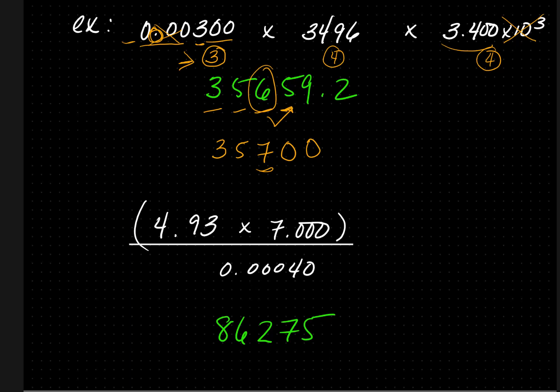Step 2, you're going to go back to the original problem and count the number of sig figs in each of the numbers. 4.93 has 3 significant digits because these are all non-zero digits. 7.000 has 4 significant digits because there's a decimal present and a significant digit, so these zeros are all significant.